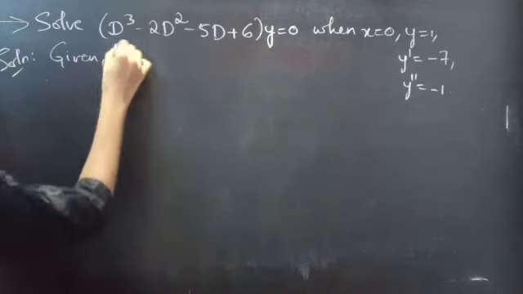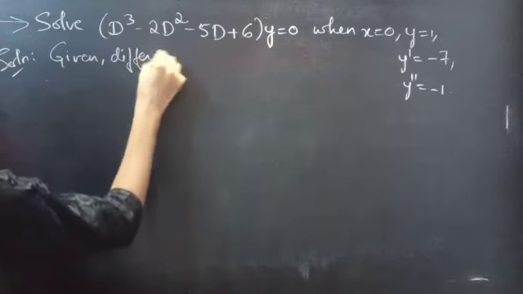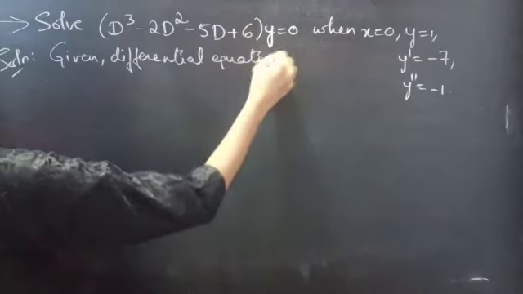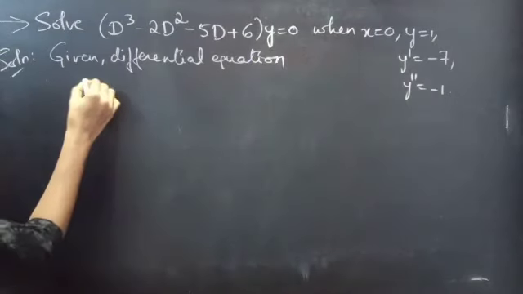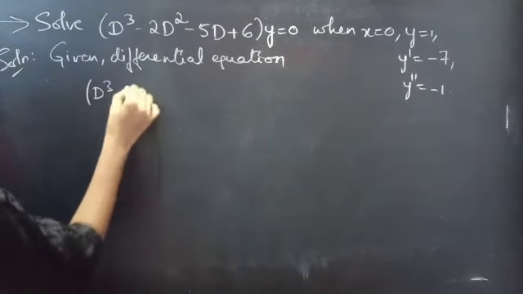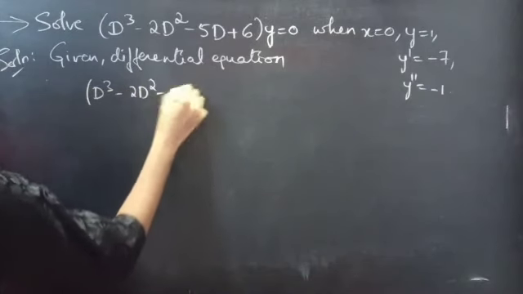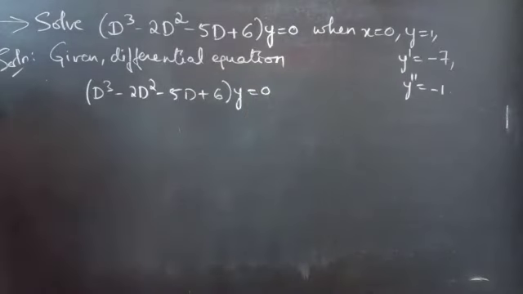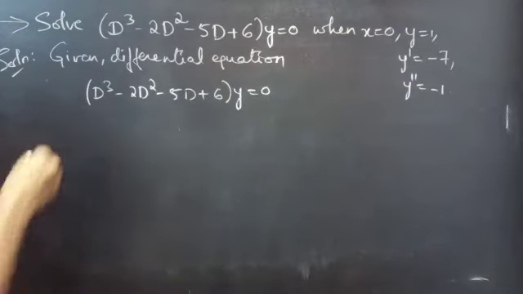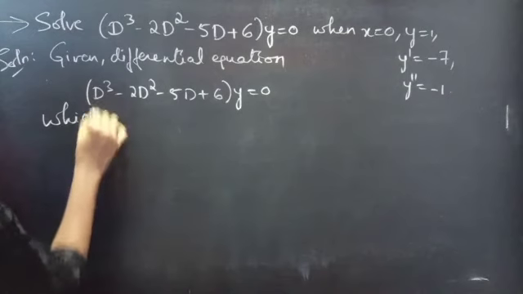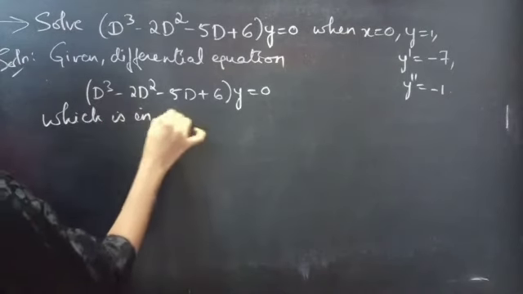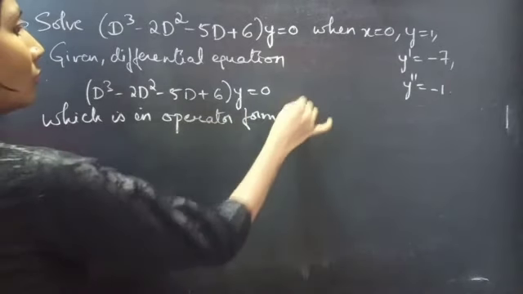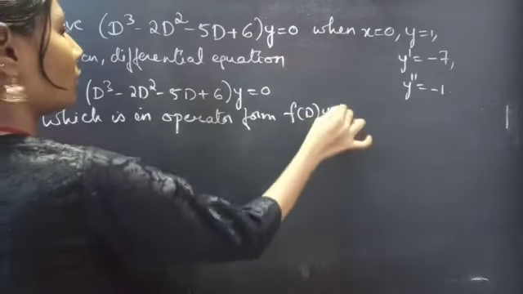Given differential equation: (D cube minus 2D square minus 5D plus 6) y equals 0, which is in operator form f of D into y equals 0.